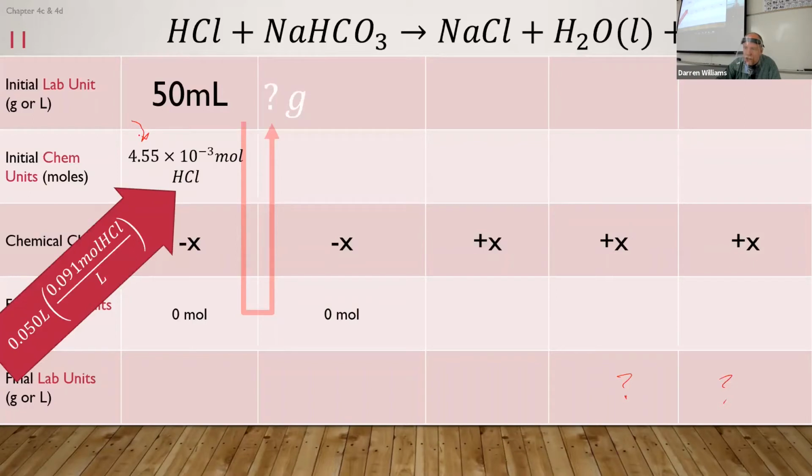Coming down here, we have molarity to get out of volume and into moles. And then we're talking about this being completely reactive, so we're going to take this all the way down to 0 moles.